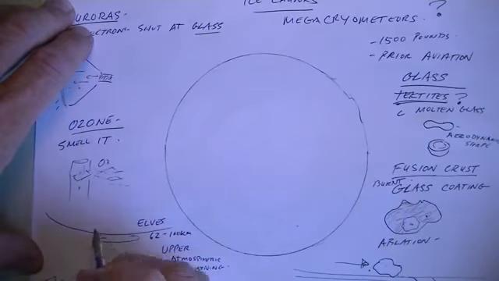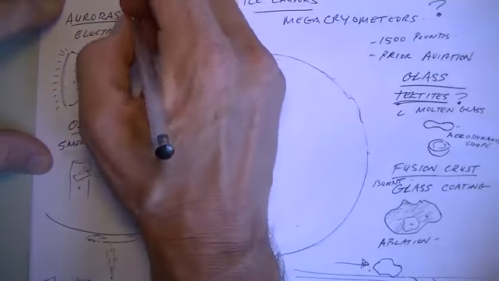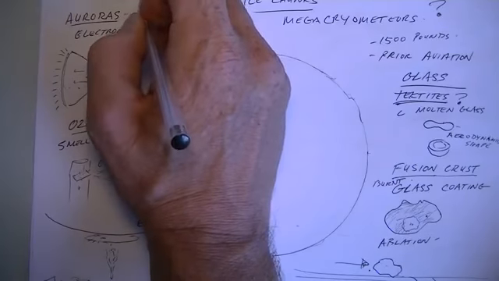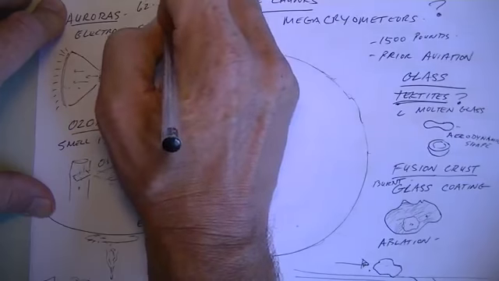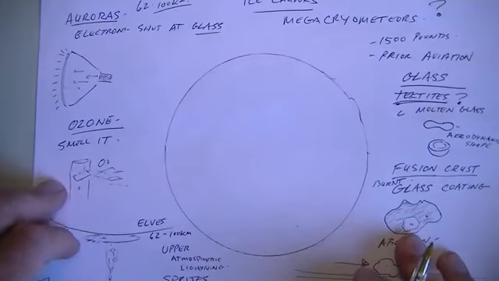That's how we know the height of the glass ceiling. Same thing with auroras. They say the lowest part of the aurora is at 62 miles, 100 kilometers. So that's where we get the 62 miles from.